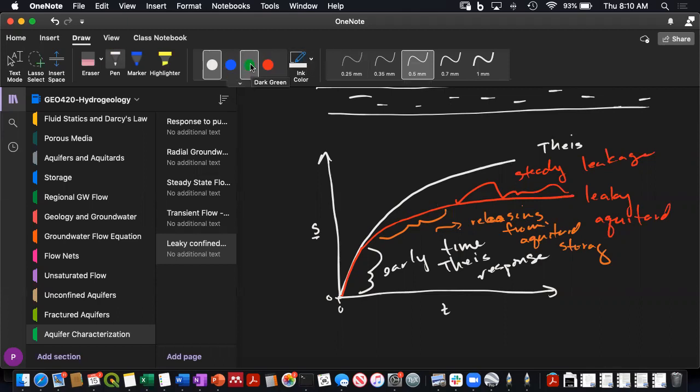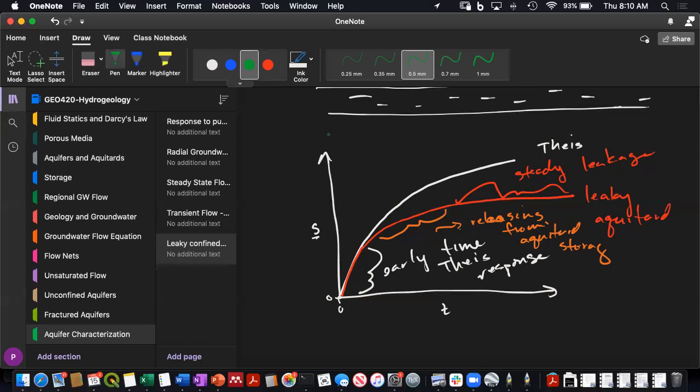In some cases we just start immediately draining the aquitard, with no delayed initiation of drainage.